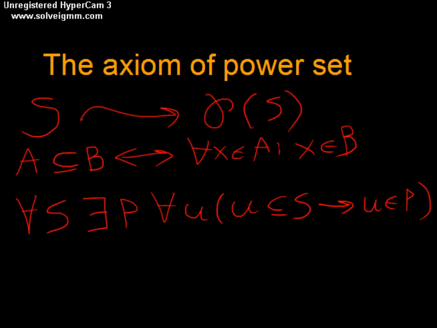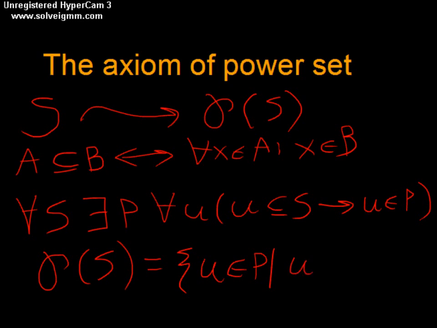So we need the axiom of separation to actually define the power set, and we can do this by defining the power set as all elements U of P such that U is a subset of S. So this defines the power set.